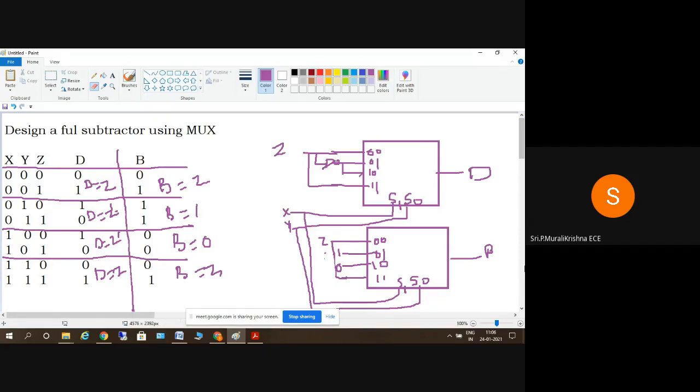When we have multiple outputs, like difference and borrow, we have to use one multiplexer for each and every output, because a multiplexer means a single output with multiple inputs. Clear?